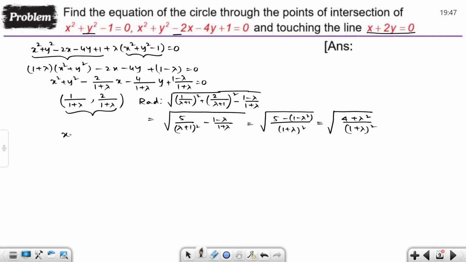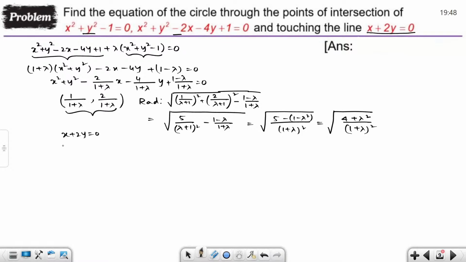And as x plus 2y equals 0 is a tangent to this circle, again that old conception we will use: from the center I will drop a perpendicular on the tangent and it will be its radius. That's the conception we are using every time, and throughout circles we will use that conception only, as I told you in the previous classes also.